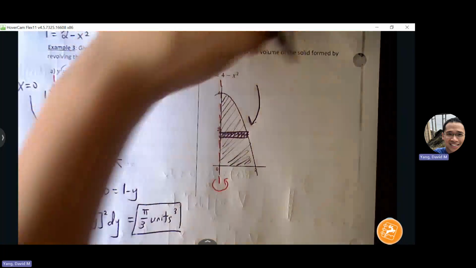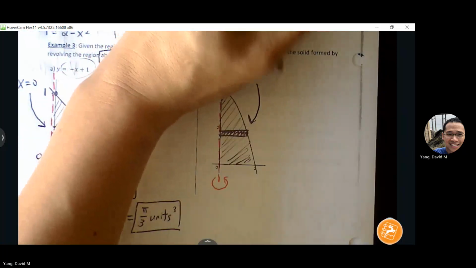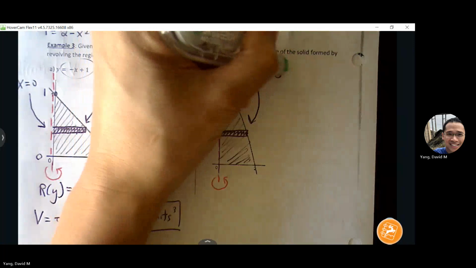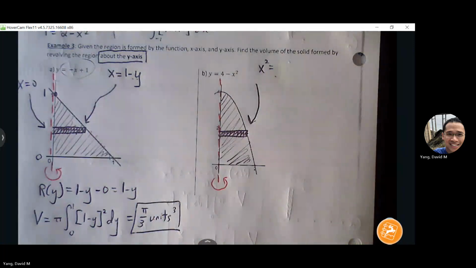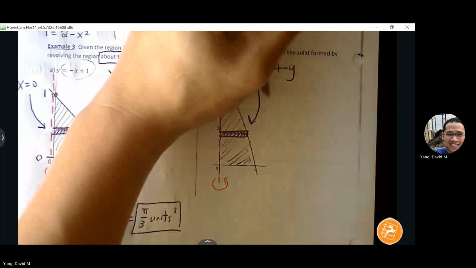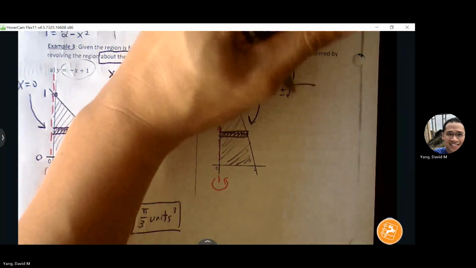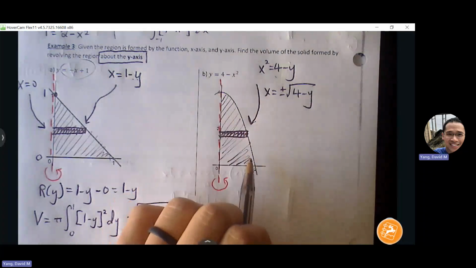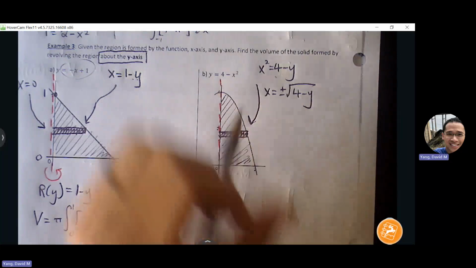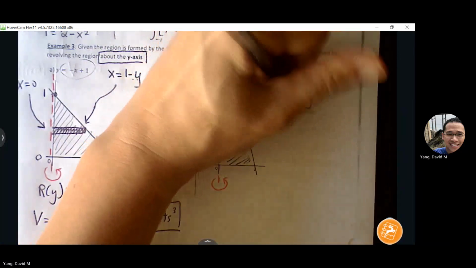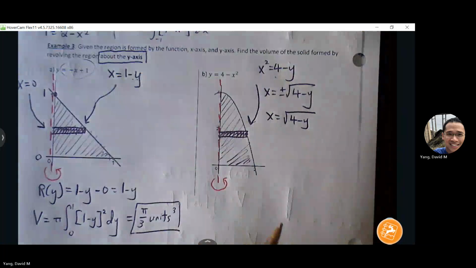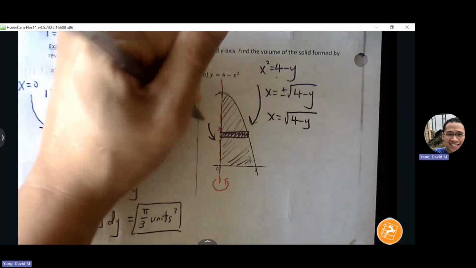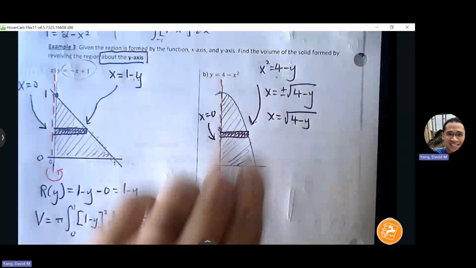So we've got to solve for x. I see plus or minus square root, but this is only going to be on the positive side. So we see the right endpoint is sitting on the curve. The left endpoint is obviously sitting on the y-axis, which is x equals 0.